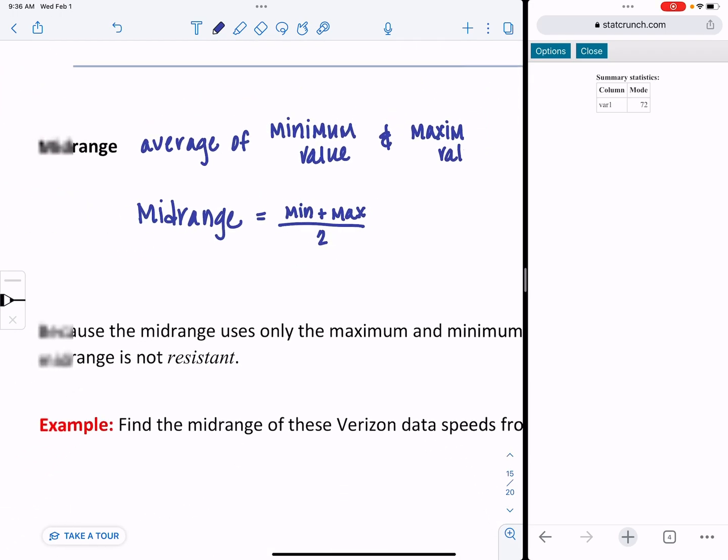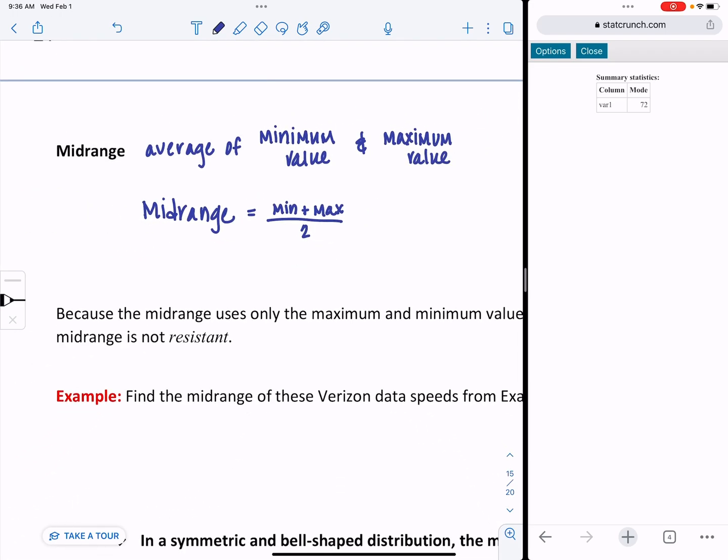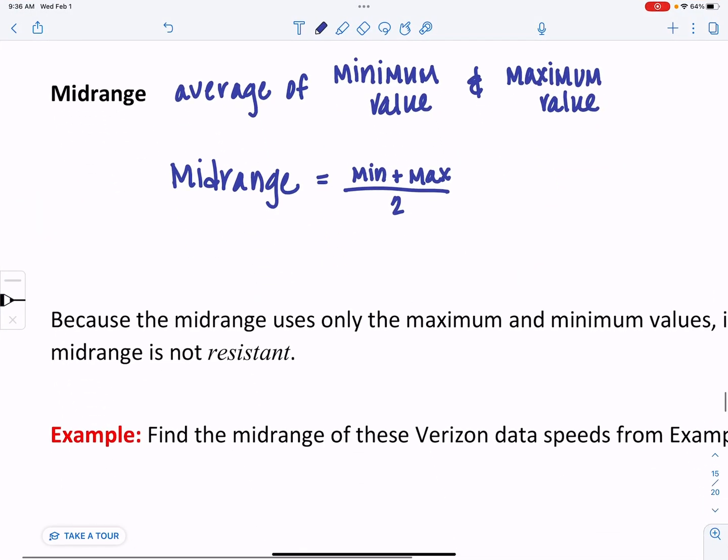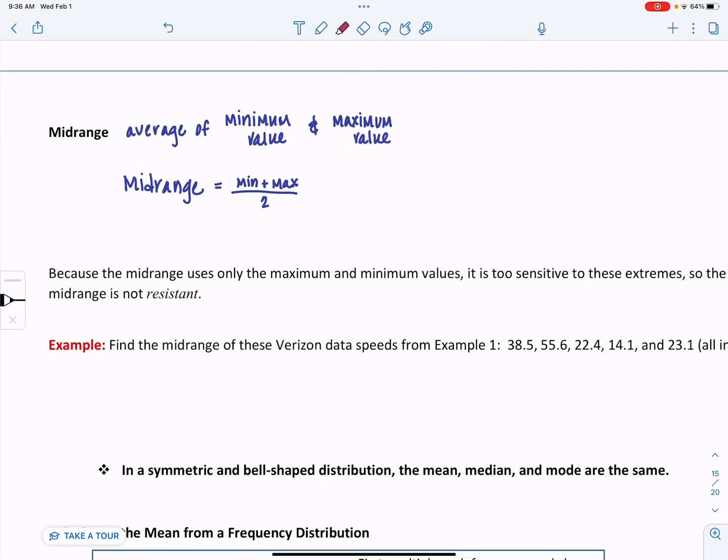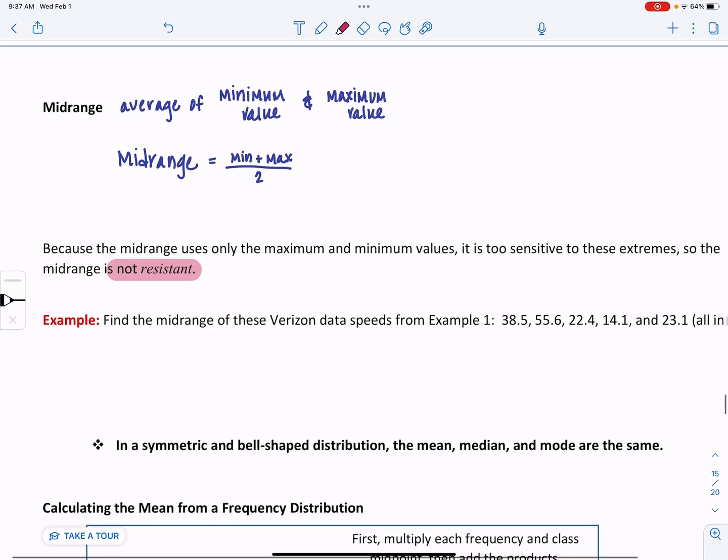The mid-range, because it's only using the lowest value and the highest value, is absolutely not resistant. Calculating the mid-range is potentially relying on those outliers to get its value. So it is extremely sensitive to the value of those outliers.